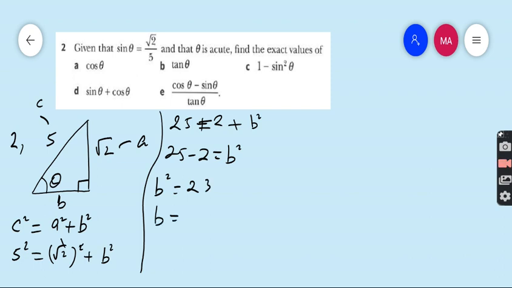B square is 23, then B is equal to root 23, because we omit the square, then apply the root. Now with this help, you can do all parts.